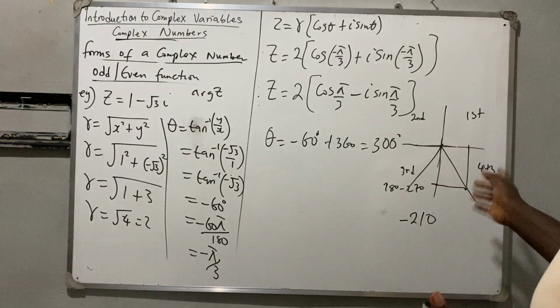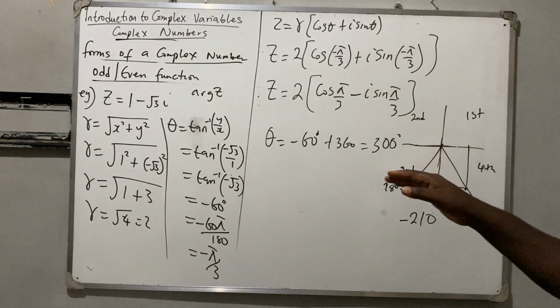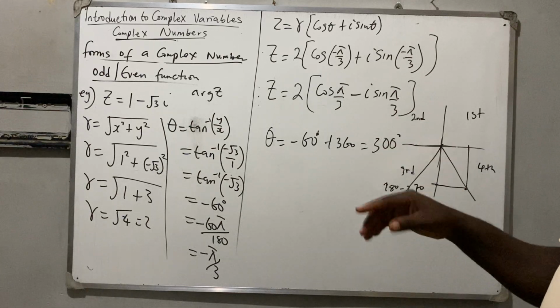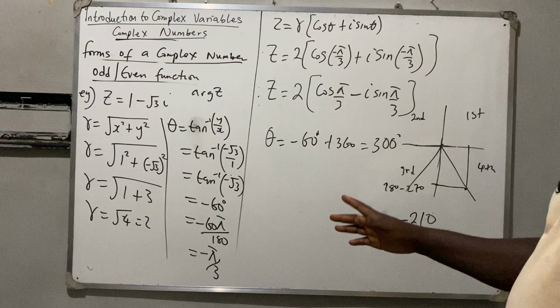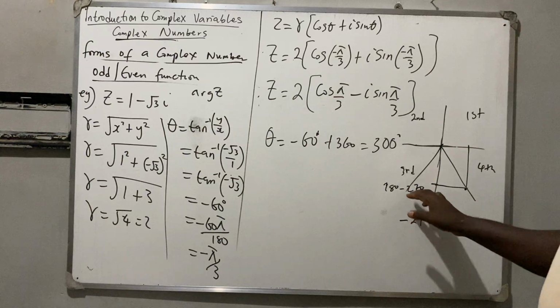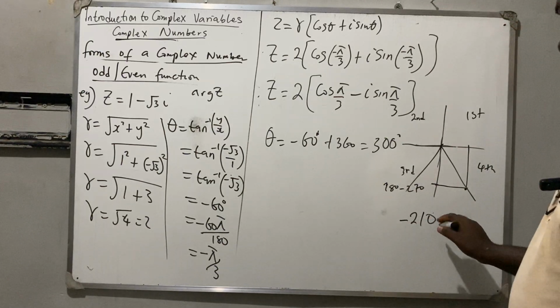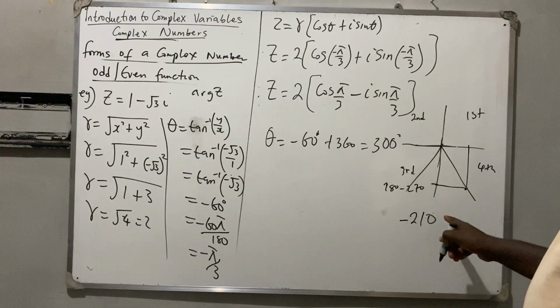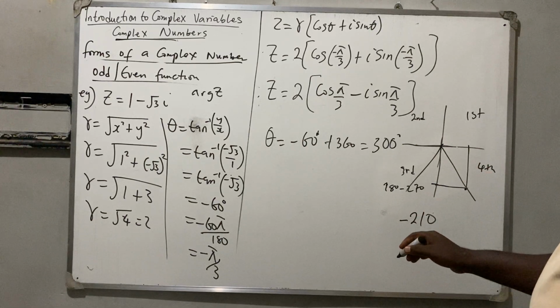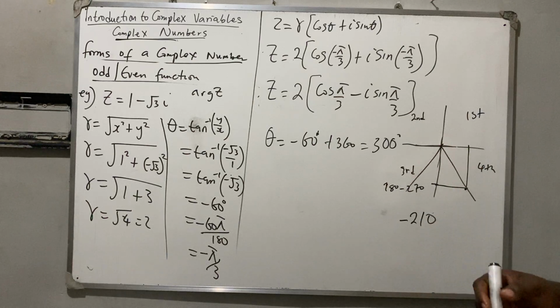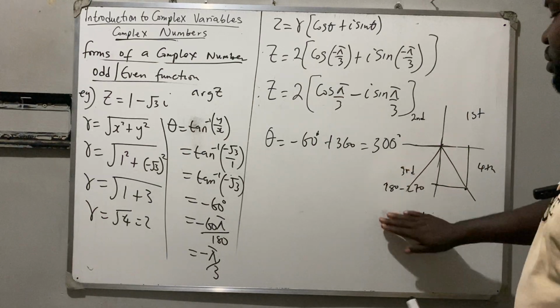It's either you use 180, half of the circle, or you use 360, the complete circle. We don't use a quarter of the circle. That's why we don't use 270. So for this to be positive, either we add 180 to it or we add 360 to it. Any of the two. Okay, so take note of that.